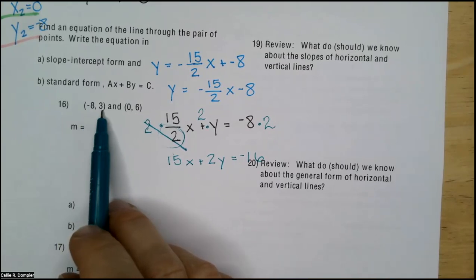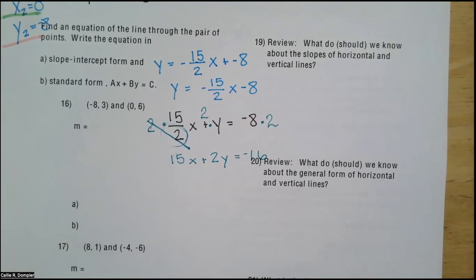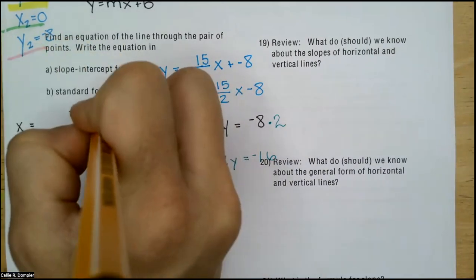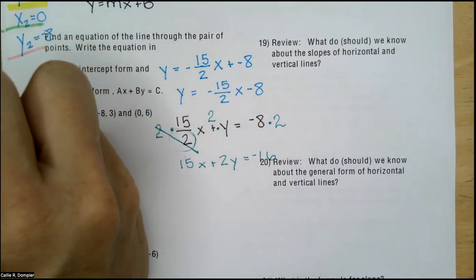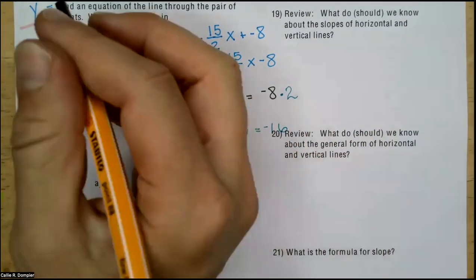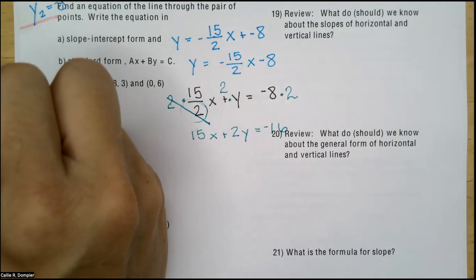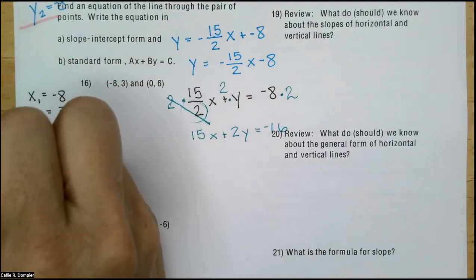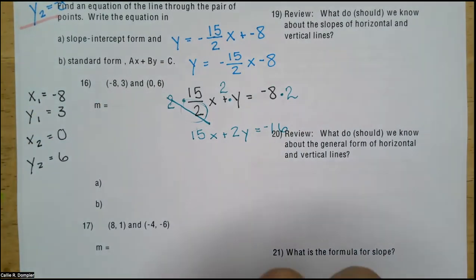Now, let's do it with -8, 3, and 0, 6. x sub 1 is -8. y sub 1 is 3. x sub 2 is my second x value, 0. y sub 2 is 6.